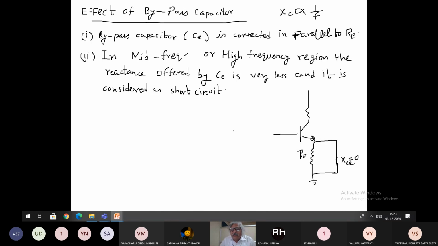Now, if it is 0, there is a short circuit path. So you tell me whether there is a voltage drop across this parallel combination of RE and a short circuit path.